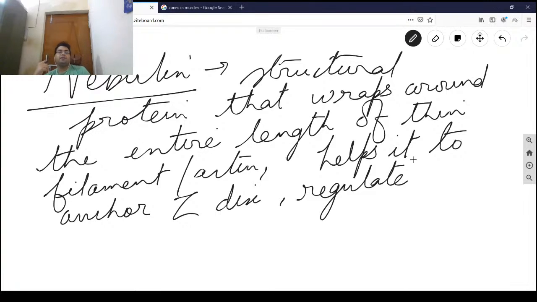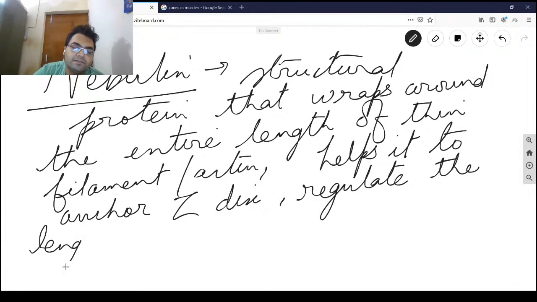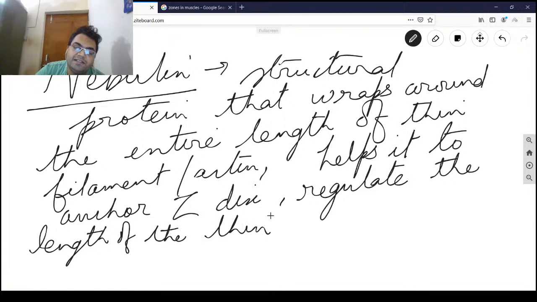That is the meaning of hypertrophy of muscle fiber: increasing the size of the myocyte, the muscle cell, muscle fiber. So nebulin regulates the length of the thin filament during development.